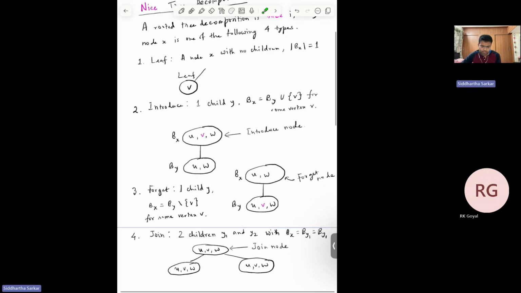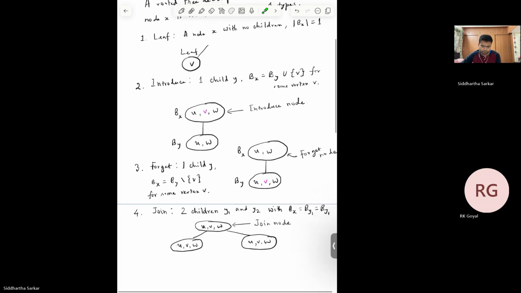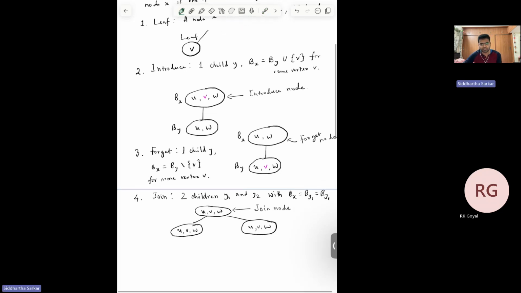So the first question is already answered: to do dynamic programming in a more structured way, we are interested in nice tree decompositions. And the answer to the second is yes.